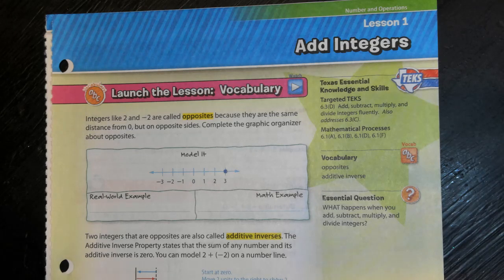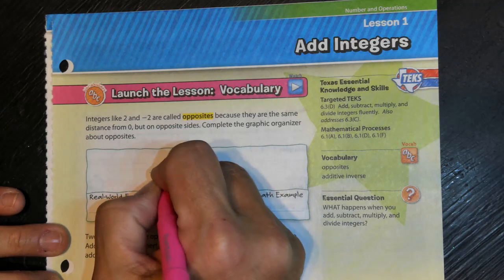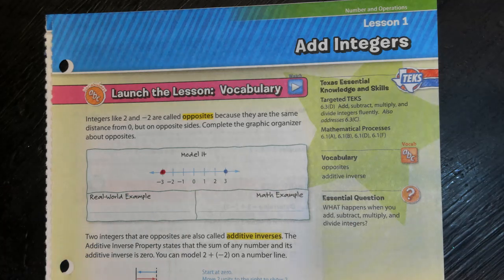So the first thing it says is integers like 2 and -2 are called opposites because they're the same distance from 0, but on opposite sides. Complete the graphic organizer about opposites. So the first thing they want you to do is model it. The opposite of 3 would be -3, right there.